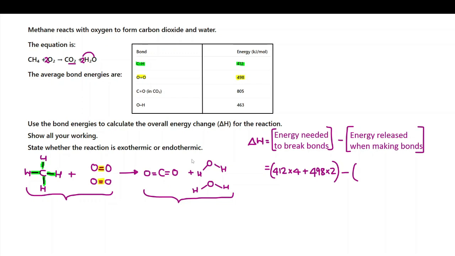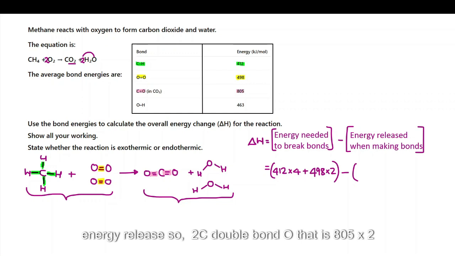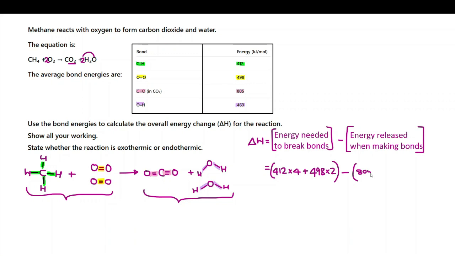Now, you need to make carbon double bond oxygen, 2 of those. So that's this one here, and I can see it's 805. You also need to make 4 OH bonds in water, and that is 463. So energy released: 2 C double bond O, that's 805 multiplied by 2.